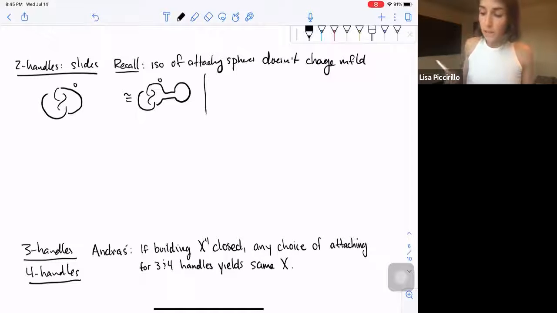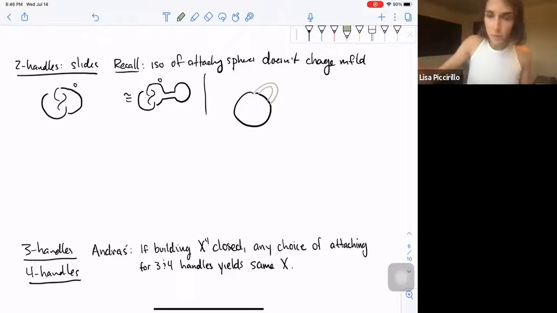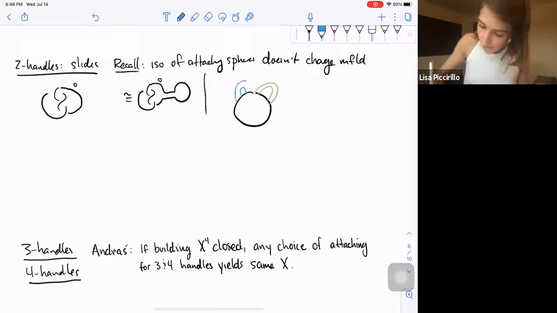So what this observation about the fact that you can isotope attaching spheres without changing the space you've built means, a little more generally, is that if you're building a space, and this is just some schematic here, maybe you start with a 0 handle and you attach some first handle. Maybe these are both 2 handles. So that's a first 2 handle, and then you attach a second 2 handle.